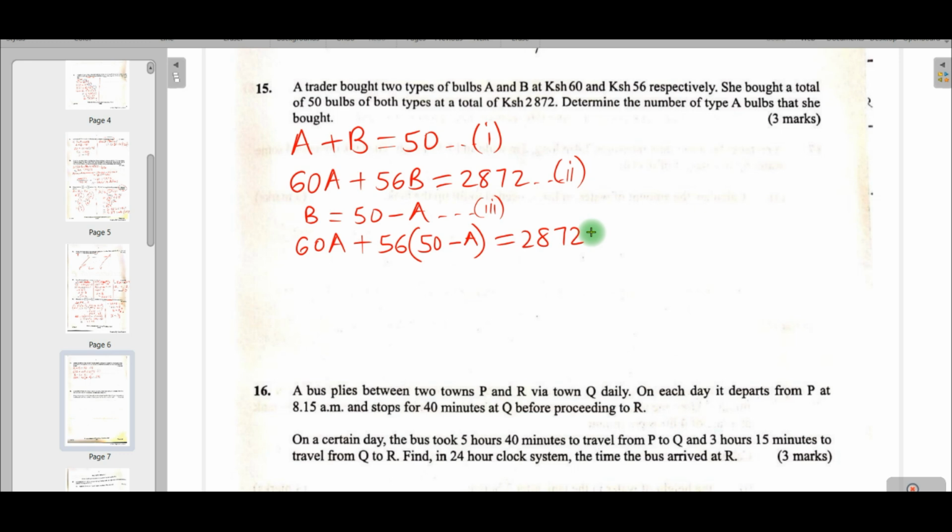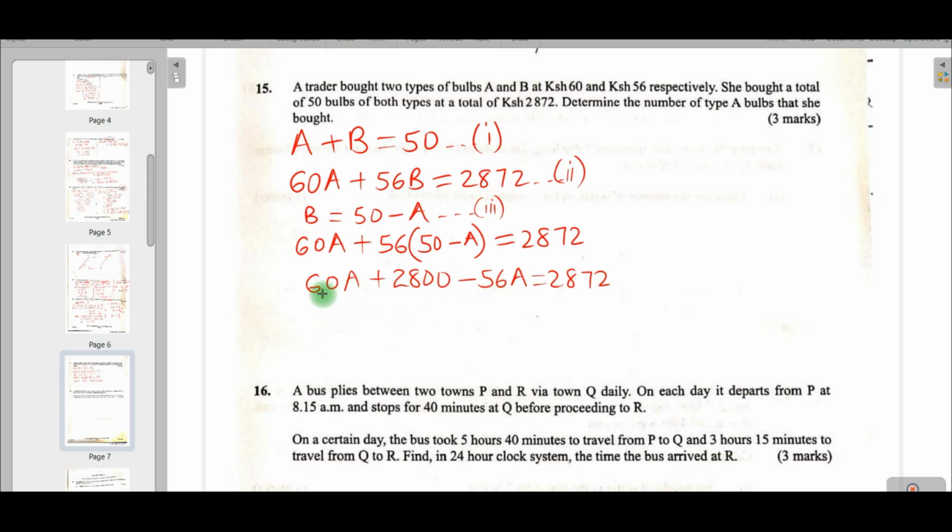2872. So 60A, then plus, let us open the bracket, 56 times 50, that is 2800. 56 times A, we have minus 56A, then will be equal to 2872.